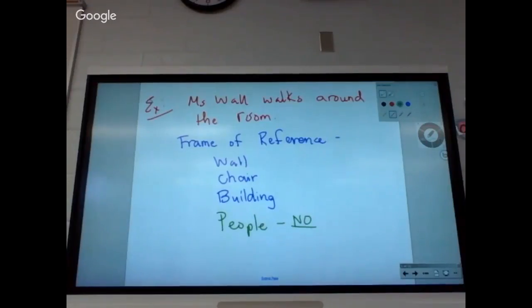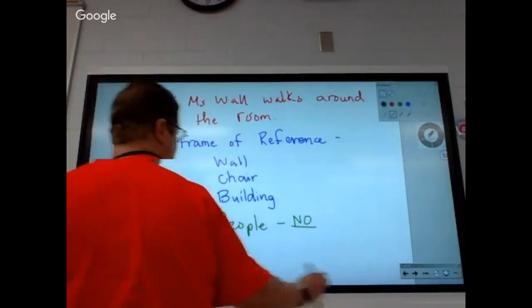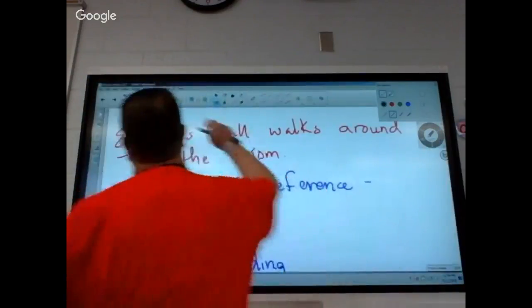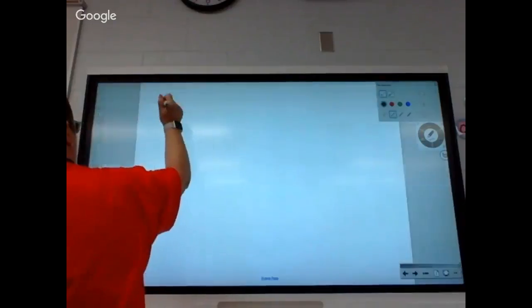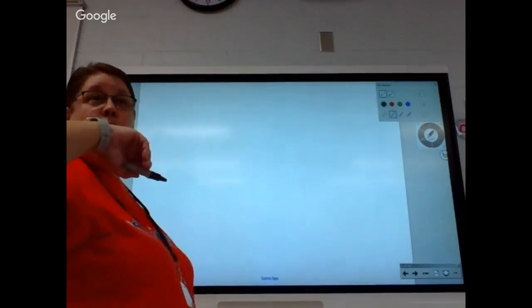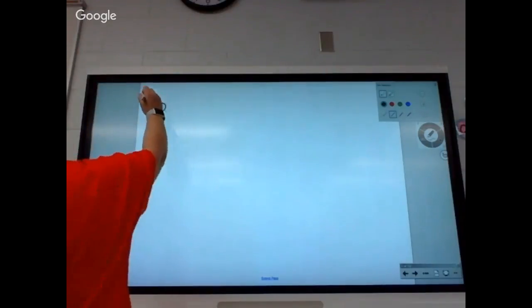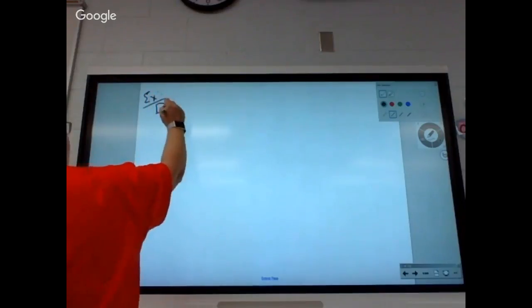Now, if we were to go outside and used an example such as, who's got their driver's license and drives? All right. So we got Damien over there.